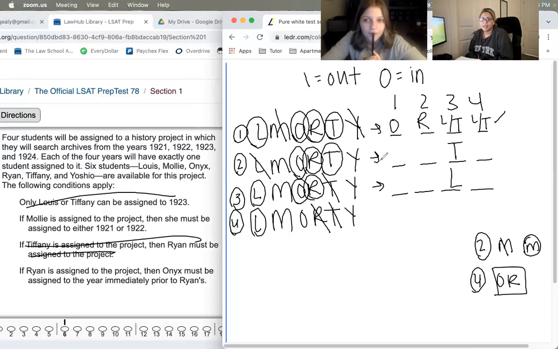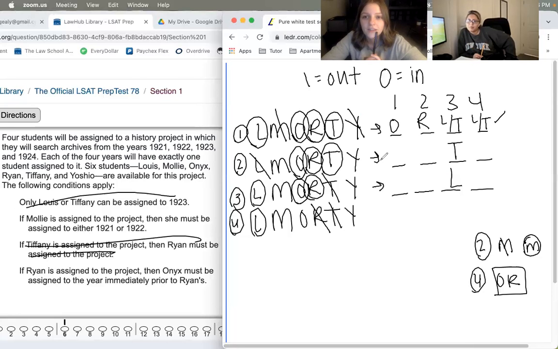Would M be in? Are you questioning that? Yes. But I'm thinking because Y doesn't really have a rule, but with M, I see 1 circled and 1 slash. So I'm going to assume M is in this game.